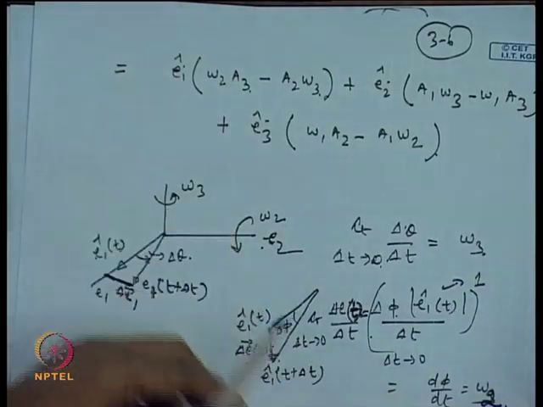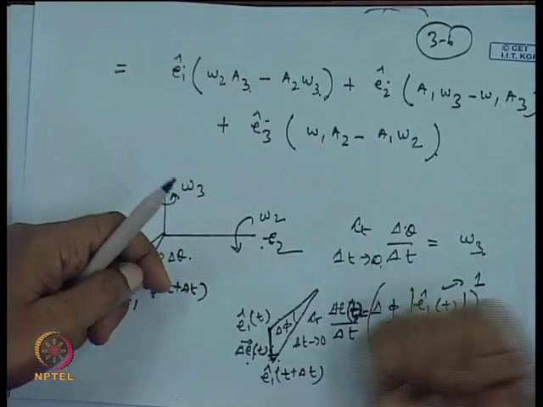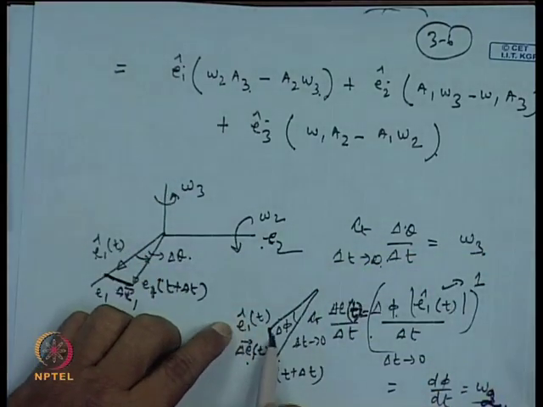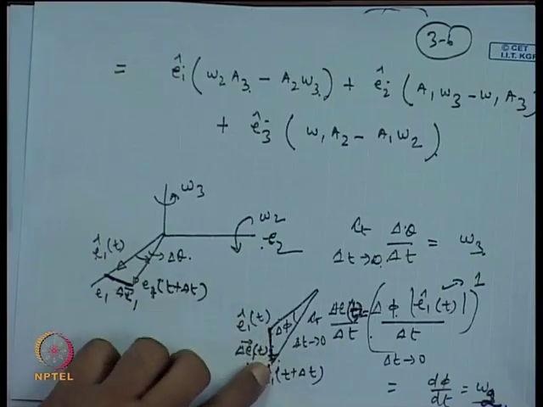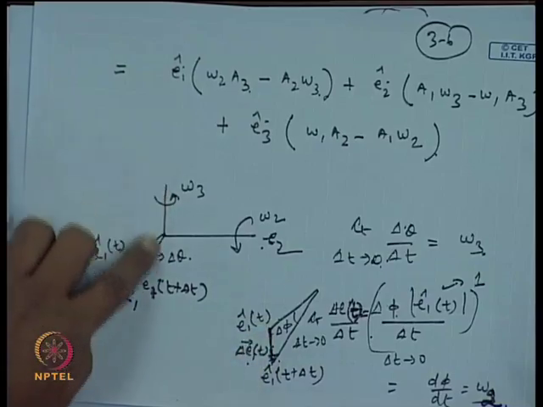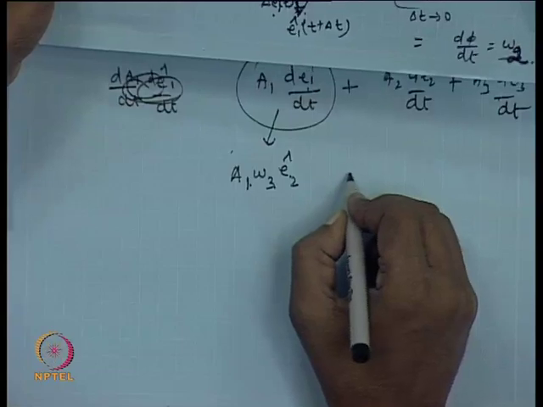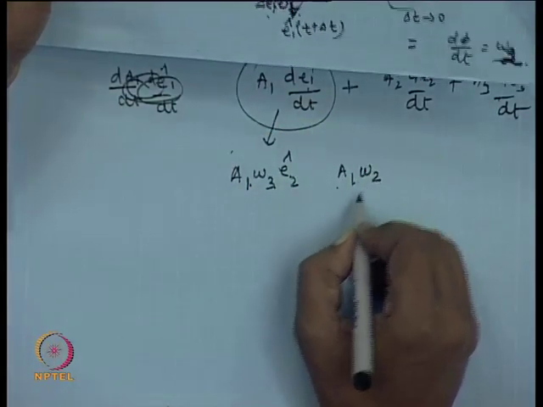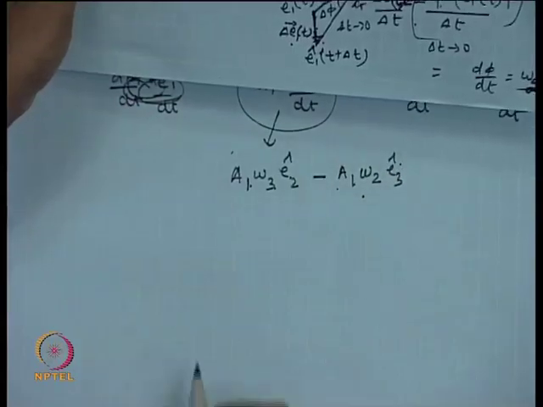The rotation is taking place like this, so the rate of change of this angle will be pointing in this direction, and the vector which has changed is associated with the direction as this approaches this place. So, this is in the negative direction of omega 3. So, we write here the same thing, a1 times omega 2 times omega 3, but with a negative sign.